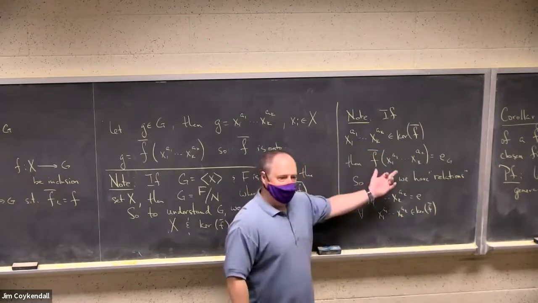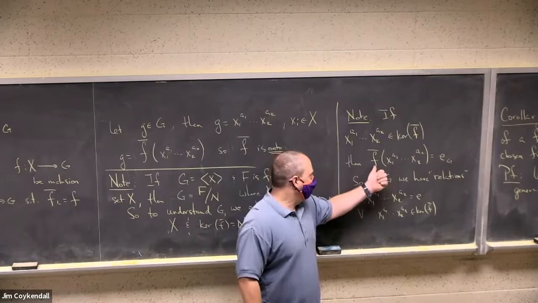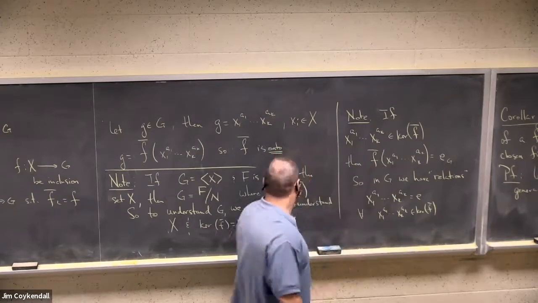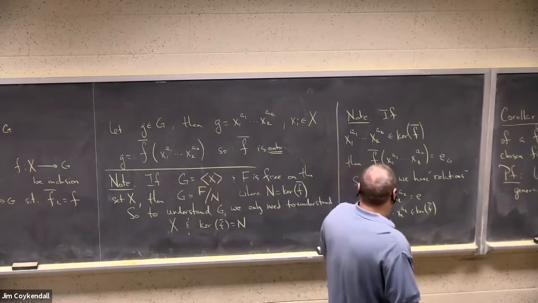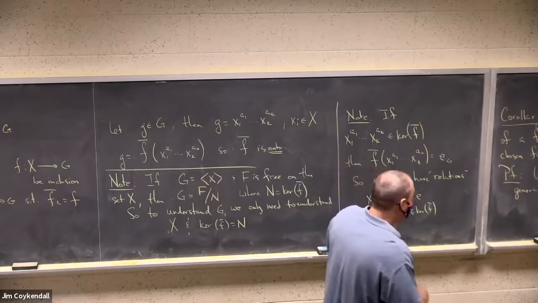Right, because if you follow the diagram, F bar projects onto X, because that's where the map goes. And so these are the so-called relations that we get.